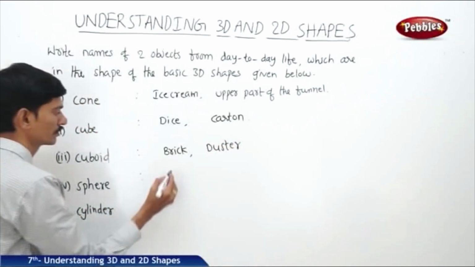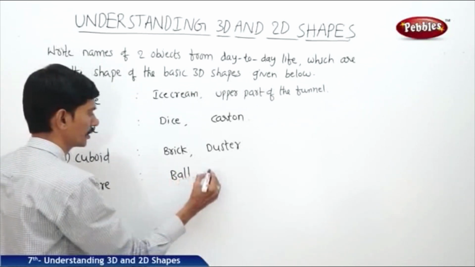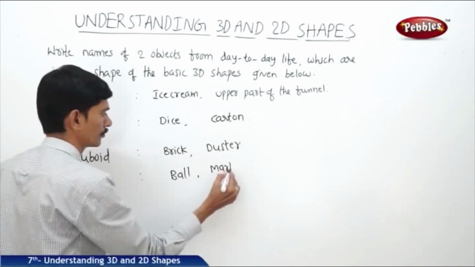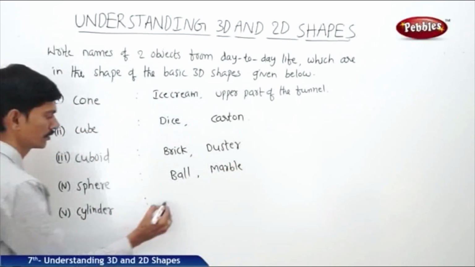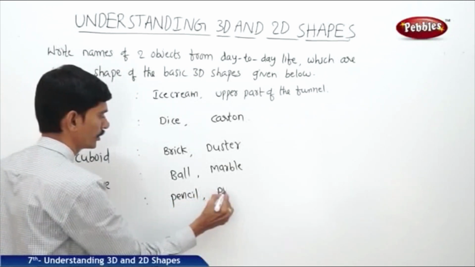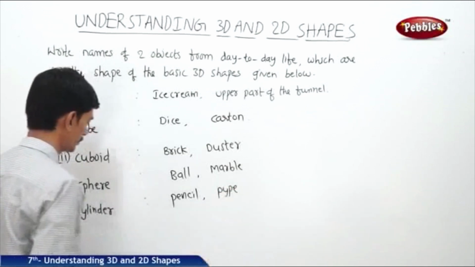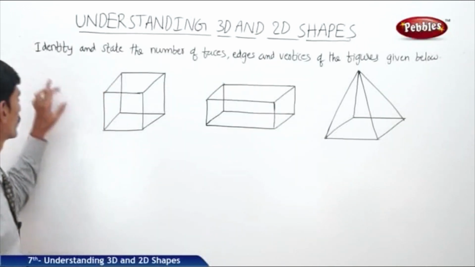Now sphere, so any ball in the shape of a sphere or any marble, and cylinder, a pencil or any pipe in the shape of a cylinder. Now let us see the next question.